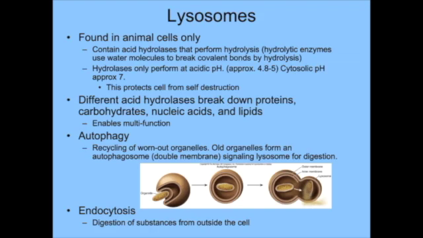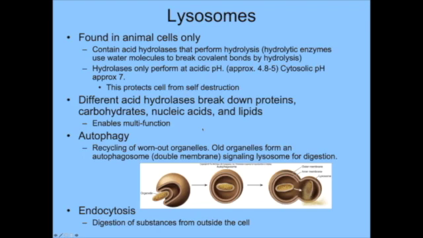And when they fuse with something to phagocytize it, or to what they call autophagy, when they autophagocytize it, they will turn on proton pumps, which increases the proton concentration inside, causing the pH to drop. And when the pH gets below 5, those acid hydrolases are activated, and they start breaking down whatever it is that the lysosome has merged with.